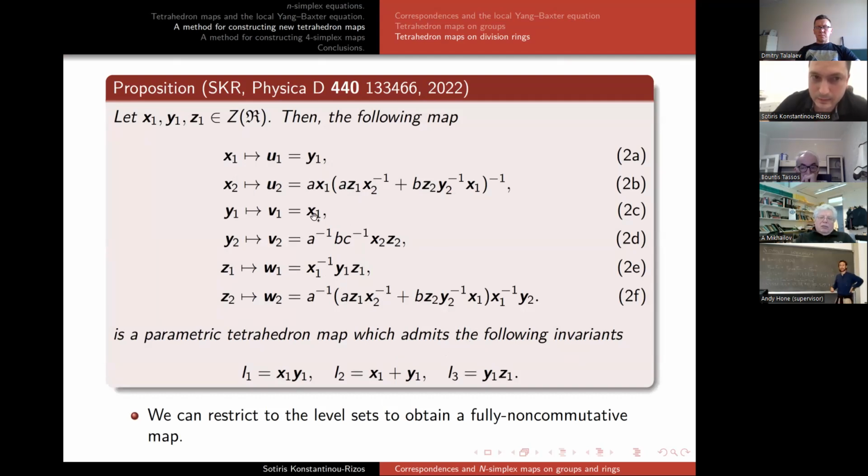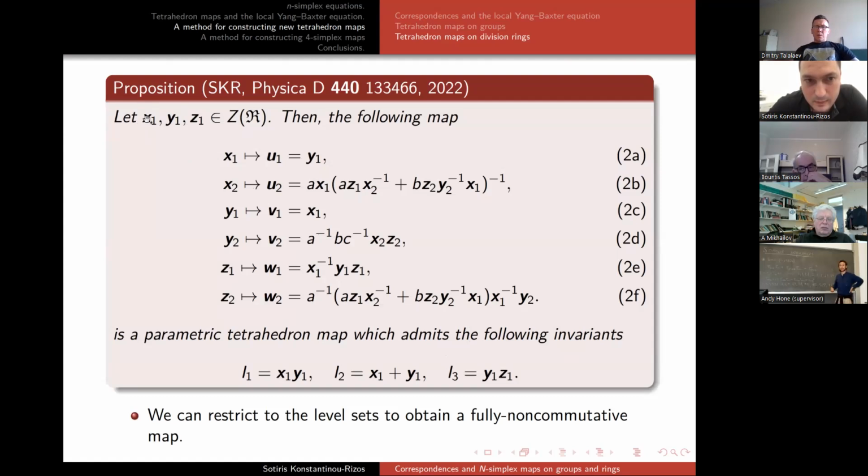However, here it is not fully non-commutative. We do this, I don't remember how Pavlos and Oliva call it, I think it's called centralization. So you consider some of the variables to belong to the center. So it's not fully non-commutative.